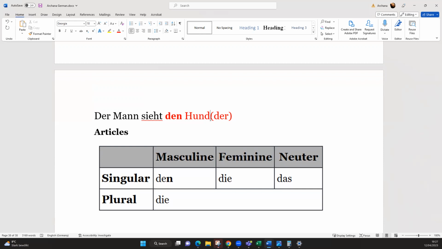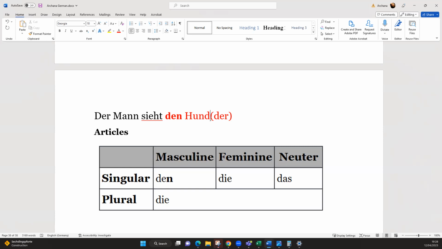Let me repeat what I've just said. We are in the accusative case. The accusative case is the direct object. In a sentence, you always have to question yourself: what is the man seeing? Where are you going? What are you referring to? The answer that comes is your direct object.